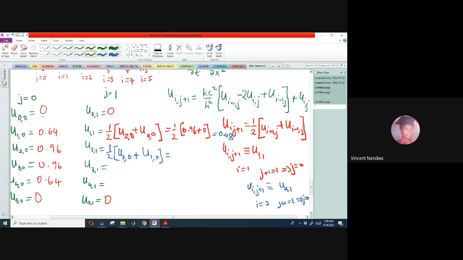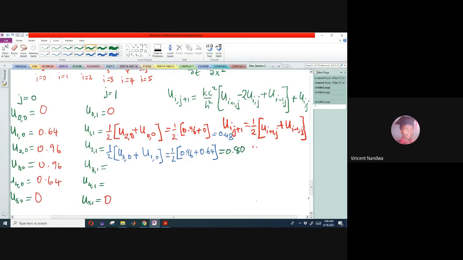These values we have from the first case. So we have a half into u(3, 0) is 0.96 plus u(1, 0) is 0.64. When you solve this, a half of the sum, we get the answer to be 0.80.